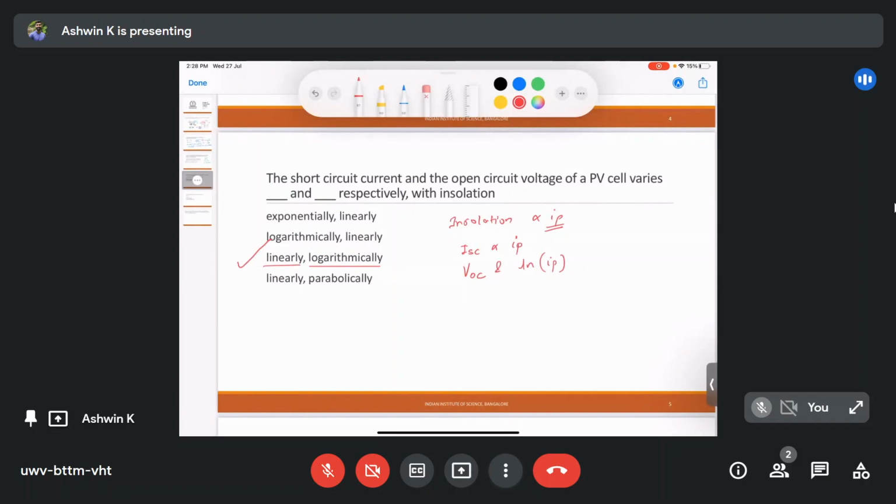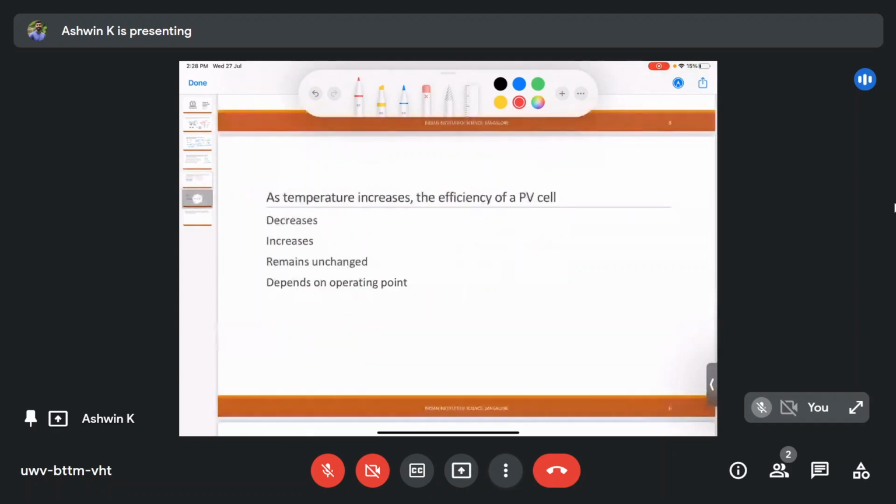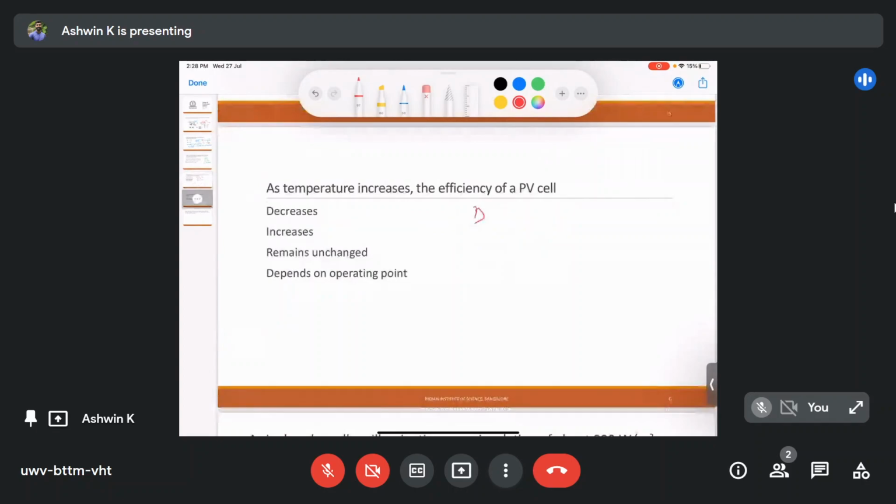Let us move on to the next question. As temperature increases, what happens to the efficiency of the PV cell? As you know, efficiency of anything is output upon input, and the output of a PV cell is the product of its output voltage and current. For an ideal insulation falling on a PV cell, the behavior of efficiency will depend on the product of voltage and current.